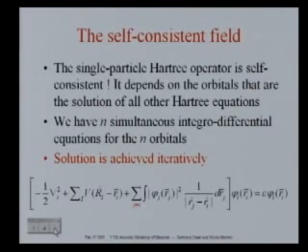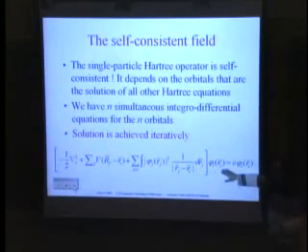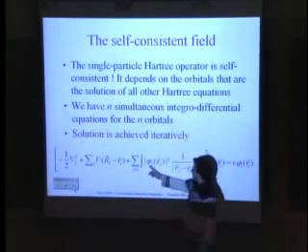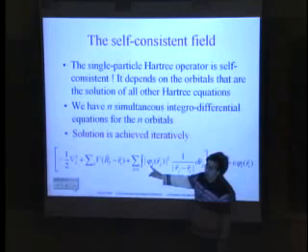And the most important conclusion of this, and where the complexity of the many-body problem comes back in, is that this new overall Hartree operator acting on the wave function has become, as we say, self-consistent. That is, the operator itself depends on what the other electrons do.